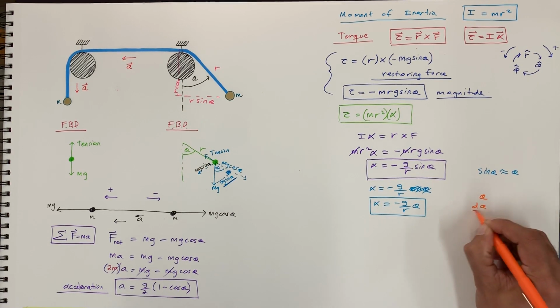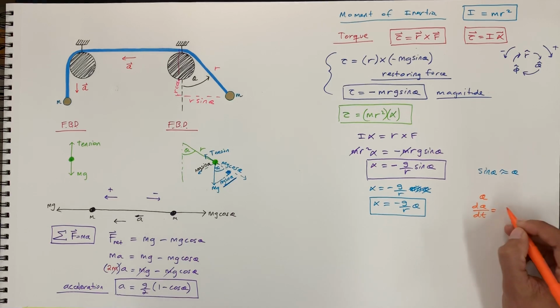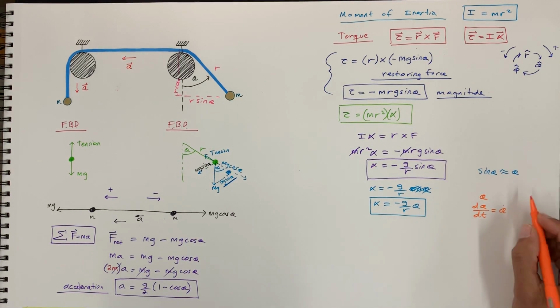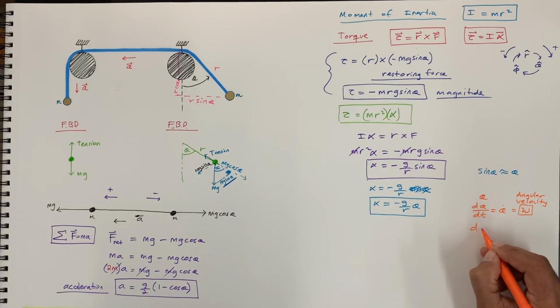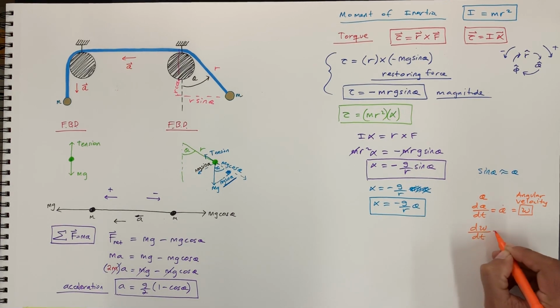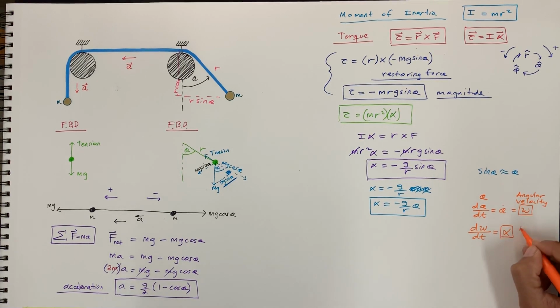The derivative of theta with respect to t is theta dot, or we can write that as omega, the angular velocity. So this right here is the angular velocity. And now if we take the derivative of omega, we get alpha, which represents our angular acceleration.